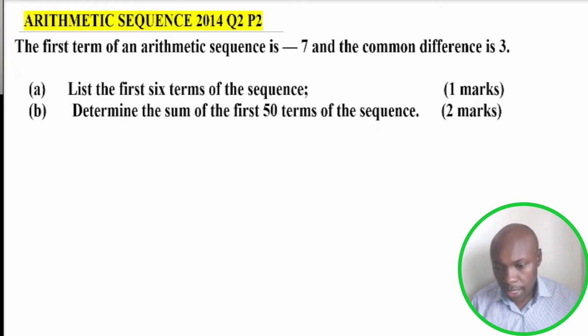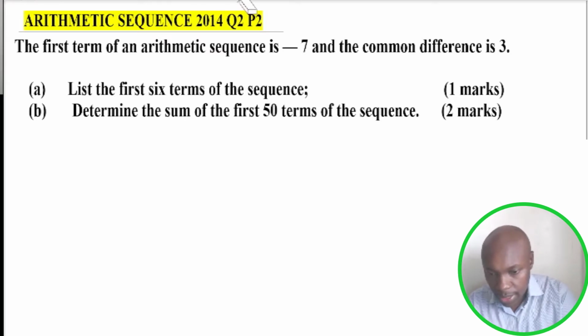Part A of the question. List the first 6 terms of the sequence. Now, when listing the first 6 terms of the sequence, we need to know how to write the nth term of the sequence. How do we write the nth term of an arithmetic sequence?